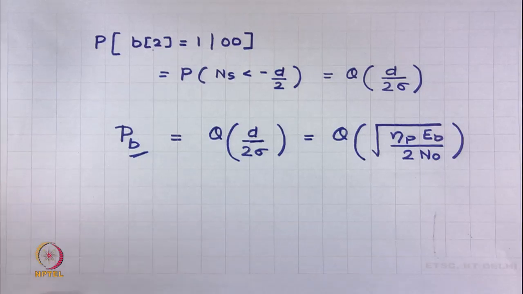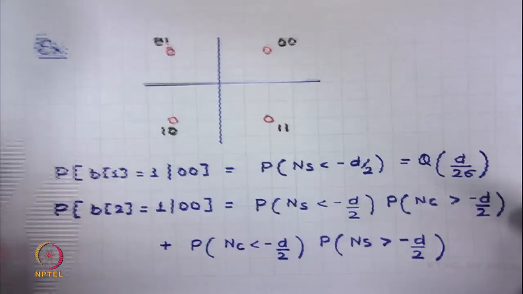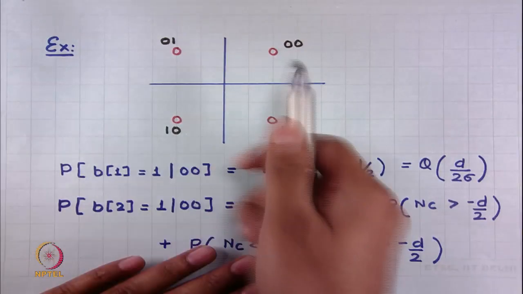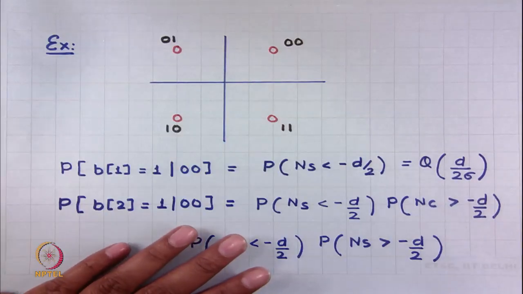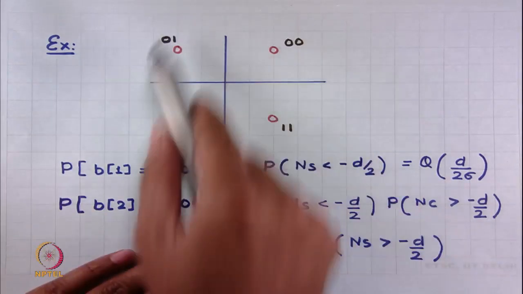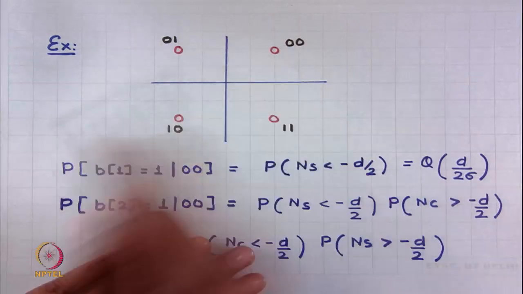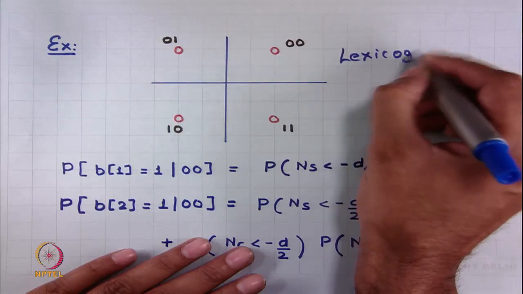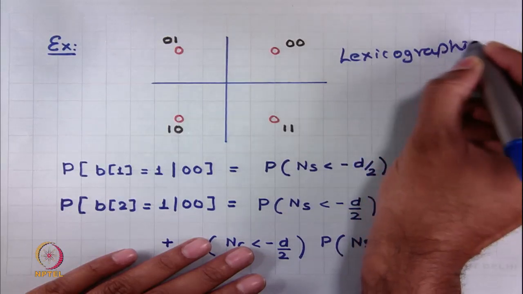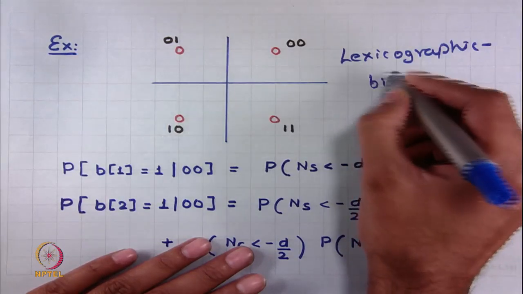Now, let us reinforce our understanding by looking at a different example. The underlying modulation scheme remains the same. However, we have assigned the bits to the symbols using what is known as lexicographic coding, or lexicographic bitmap.